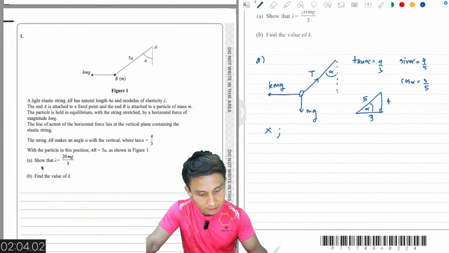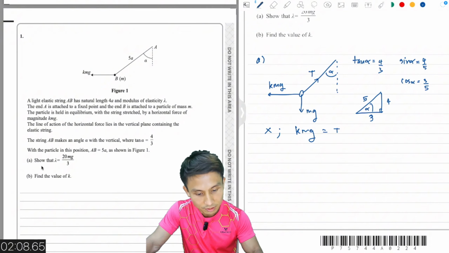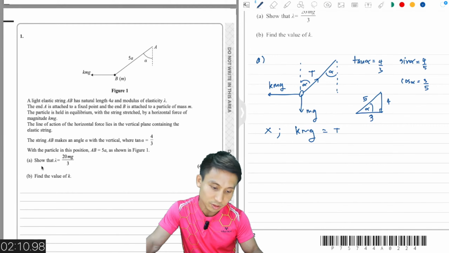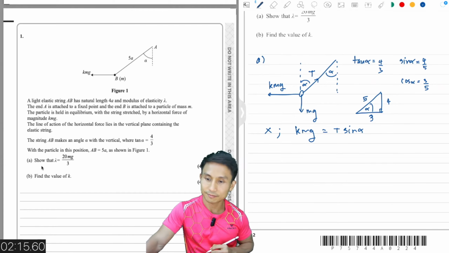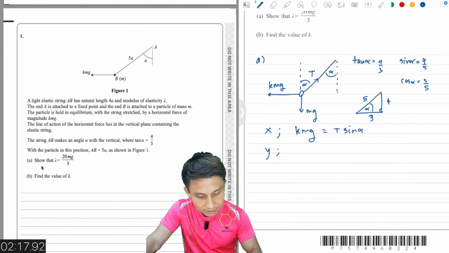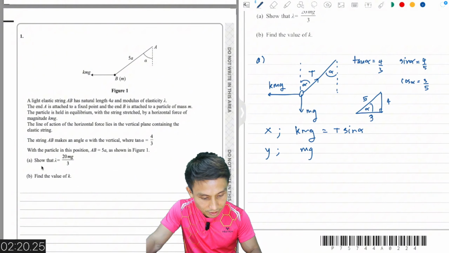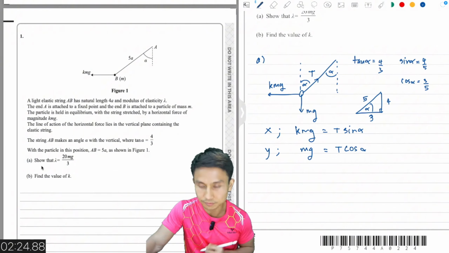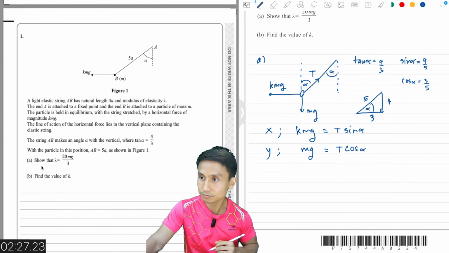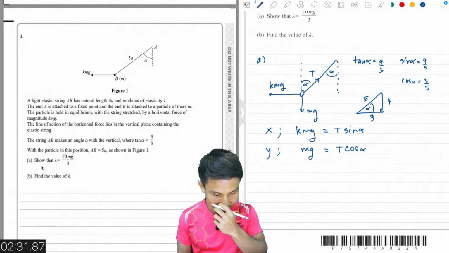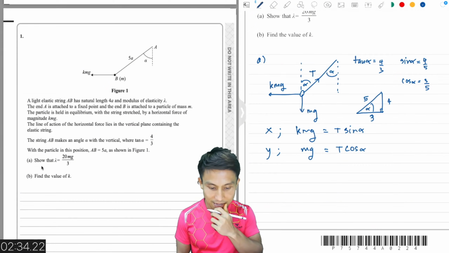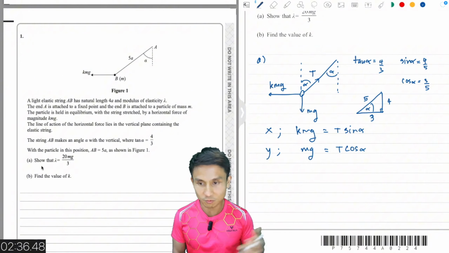Now we solve for equilibrium. For the x-axis, we have kmg equals T sine alpha, right? And for the y-axis, we have mg, the downward force, equals the upward force being T cos alpha. Right, that's my alpha. Okay, so if we divide them, we see that T will cancel.